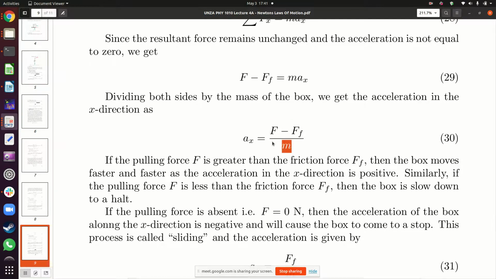So this is how you use Newton's second law of motion. If a resultant force is present, you obtain an expression for that resultant force. Using that resultant force, you divide the resultant force by the mass of the object, then you get the acceleration.